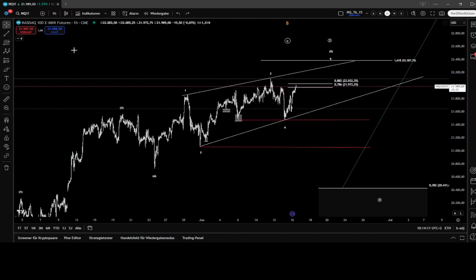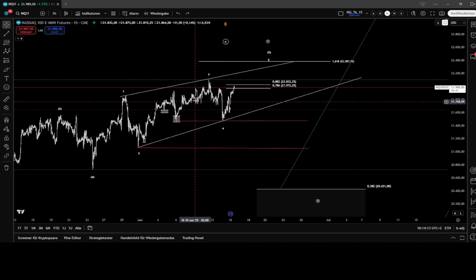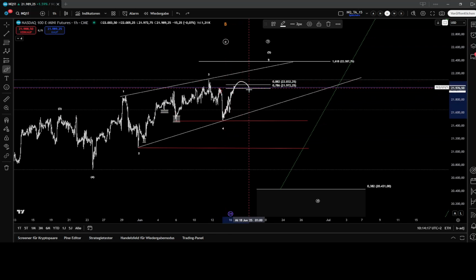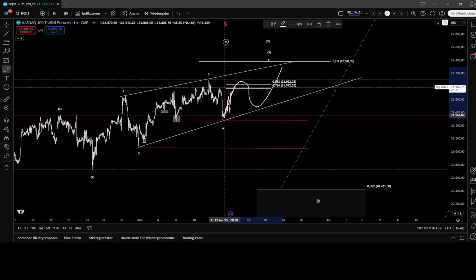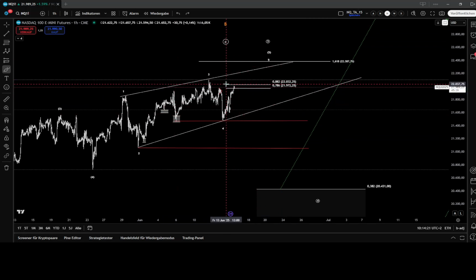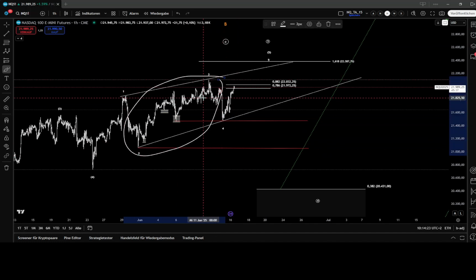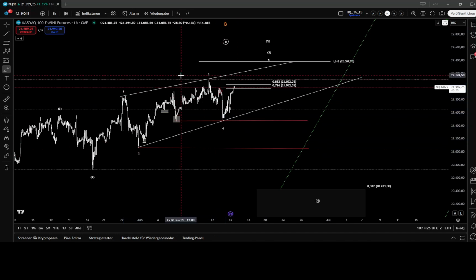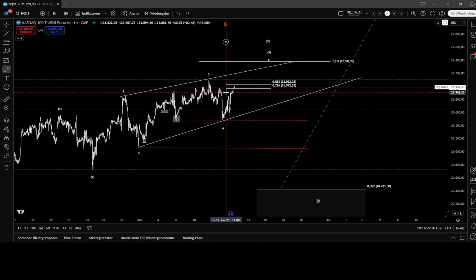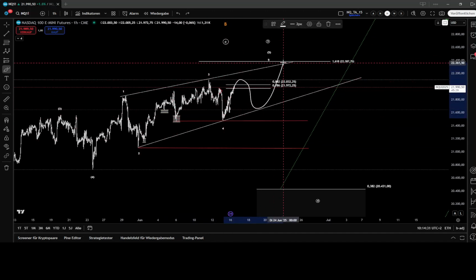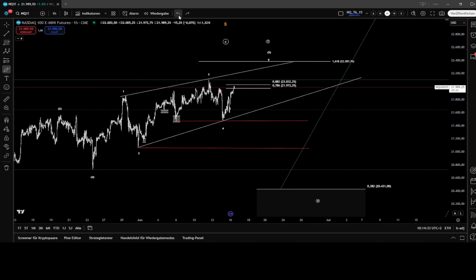So that would be a double zigzag, a more complex structure to the upside. And that tells us that our next move to the upside needs to be a simple ABC structure. We cannot get a second complex structure. And it's typically in the wave 3 that we have these complex structures. And that happened, okay? So this one needs to be a simple ABC structure in a zigzag.